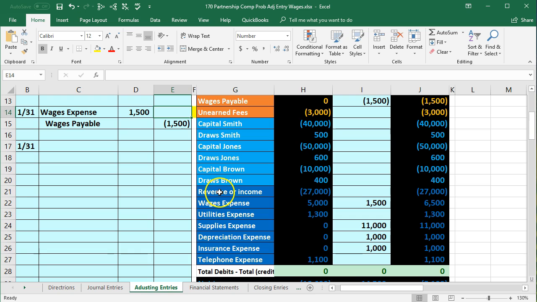And then we're going to have the income statement account, something related to unearned revenue. A little bit more difficult because we don't see anything unearned, but we do see revenue or income. And that's going to be the other side that we will have, the revenue or income. So this is a bit confusing, a little bit different than the other adjusting entries because obviously most income statement accounts deal with expenses.